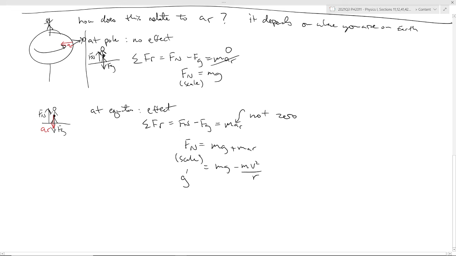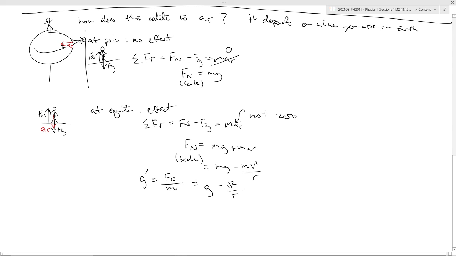Let's call this g prime. In other words, g prime is going to be the force on the scale divided by the mass, and that would equal g minus v squared over R.